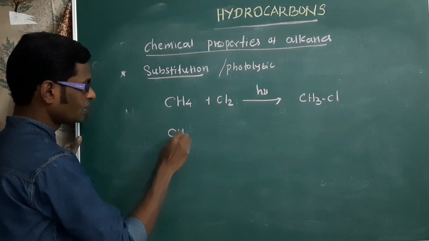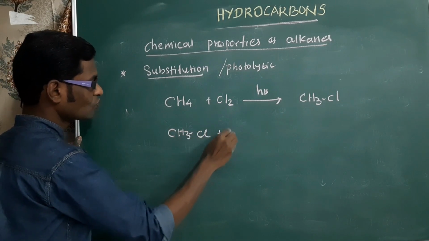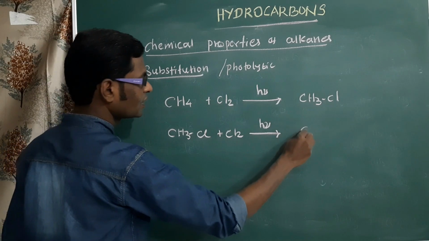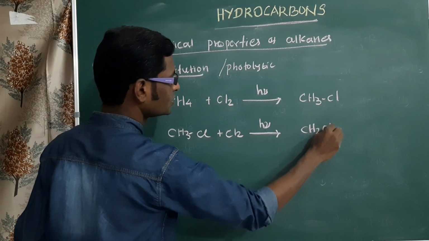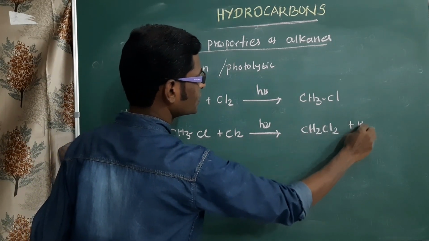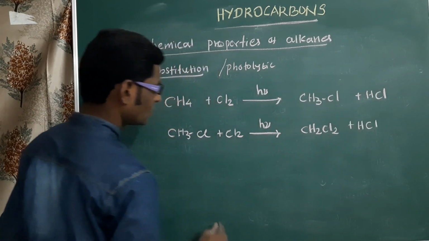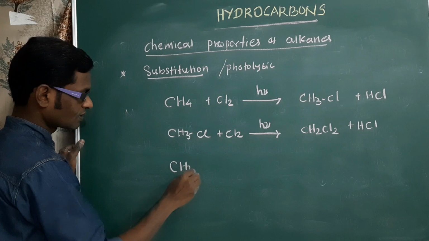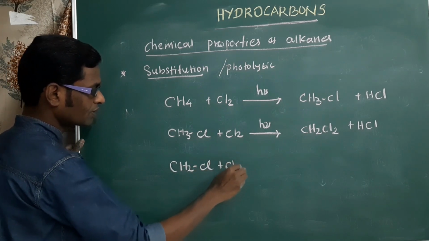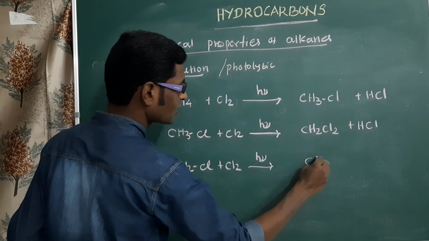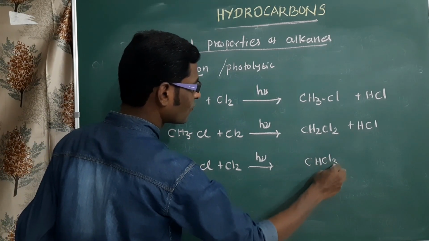Then chloromethane reacts with one more chlorine molecule in presence of light. We will get dichloromethane, CH2Cl2 plus HCl. Dichloromethane reacts with one more chlorine molecule in presence of light. We will get trichloromethane or chloroform.